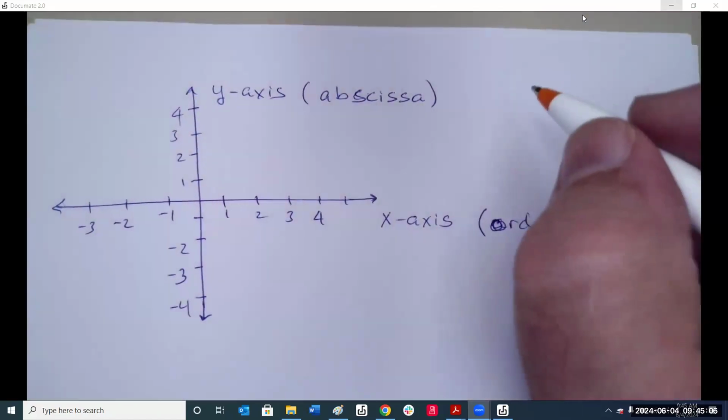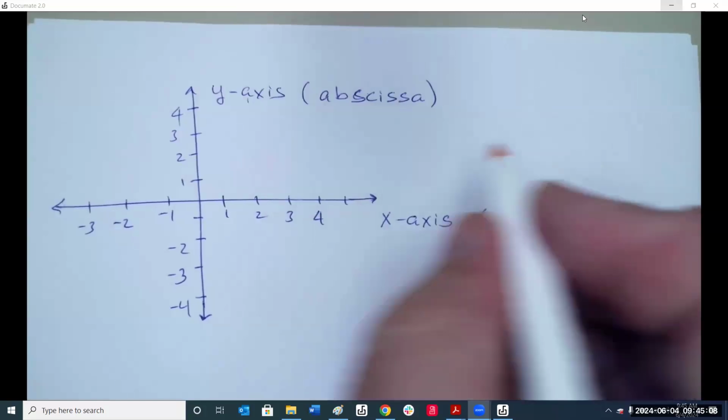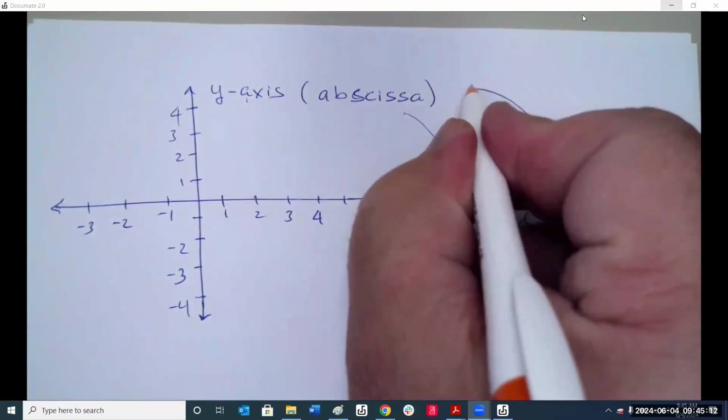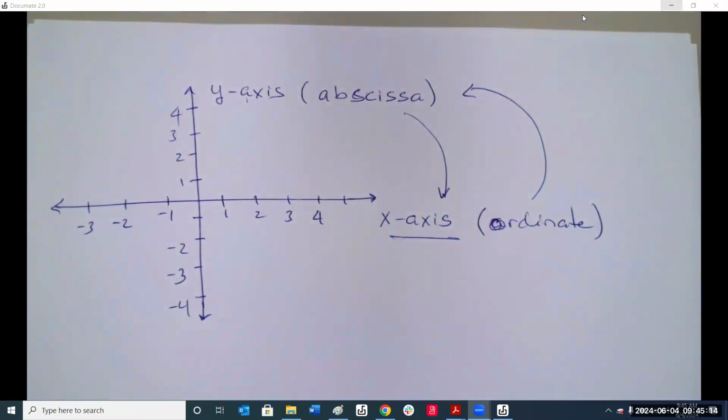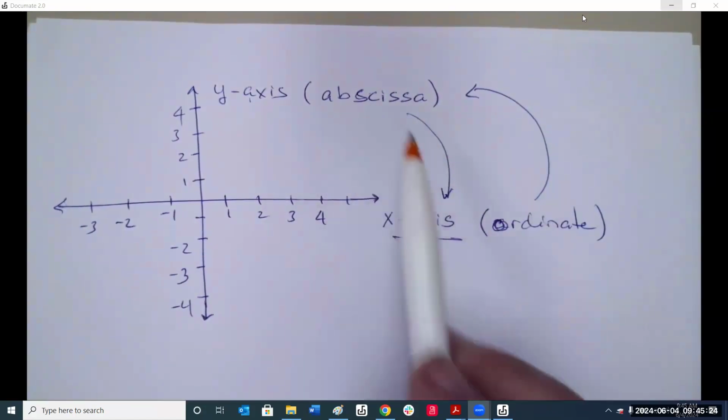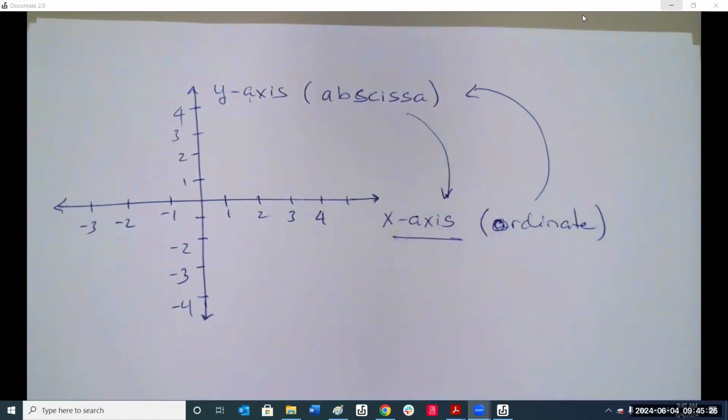No, hold it backwards. Because this one came first. So that's the abscissa. This is the ordinate. The y-axis is the ordinate. The x-axis is the abscissa.